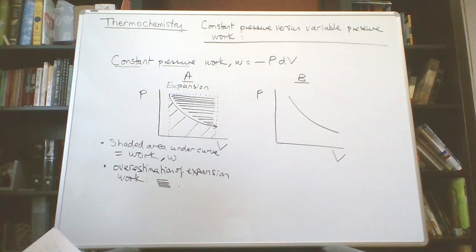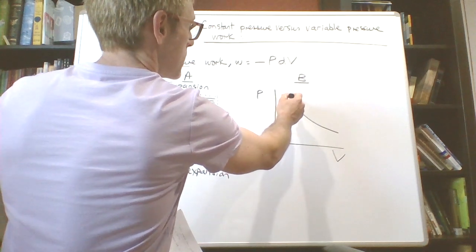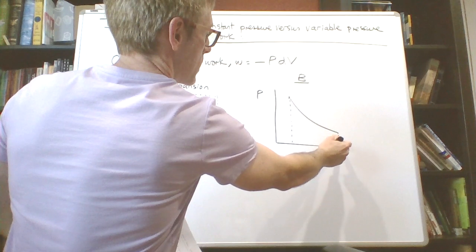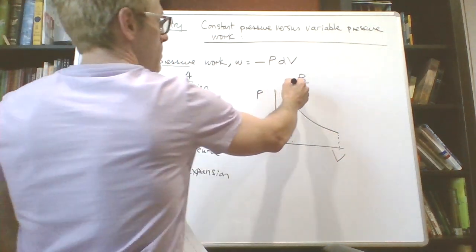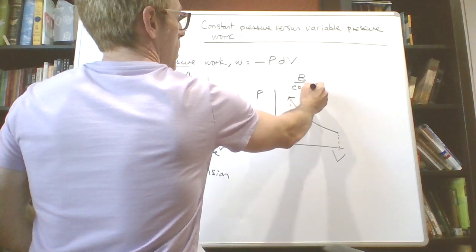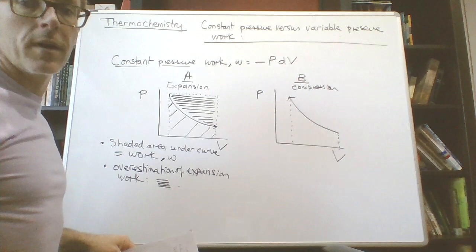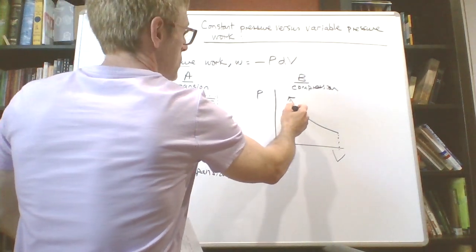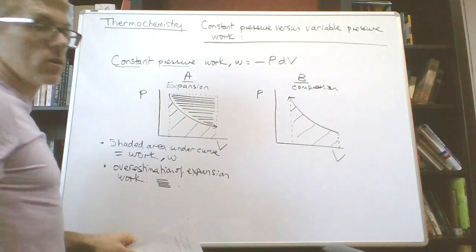If I look at the graph I've labeled B, again, I want the area under the curve. If I'm going to go that way, this would be a compression. So I'm going from a higher volume to a lower volume. The work done, if I do it correctly, would just be the area under that curve.